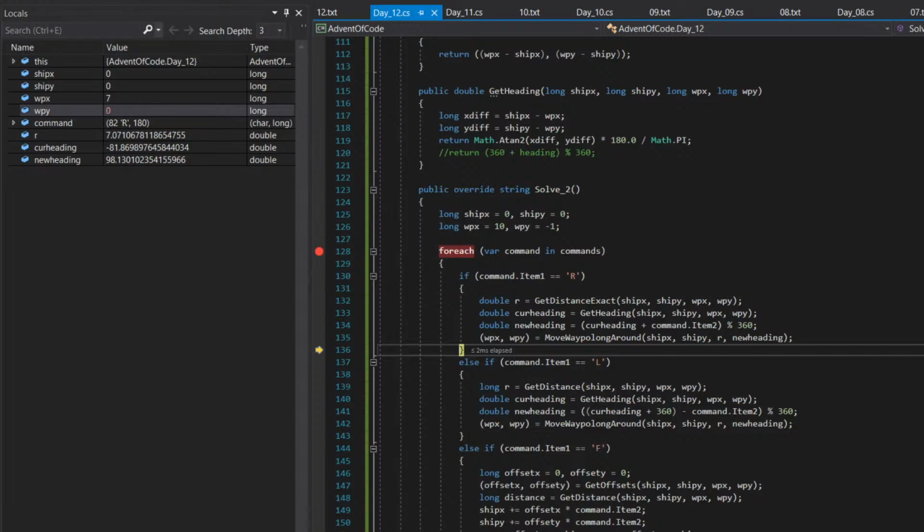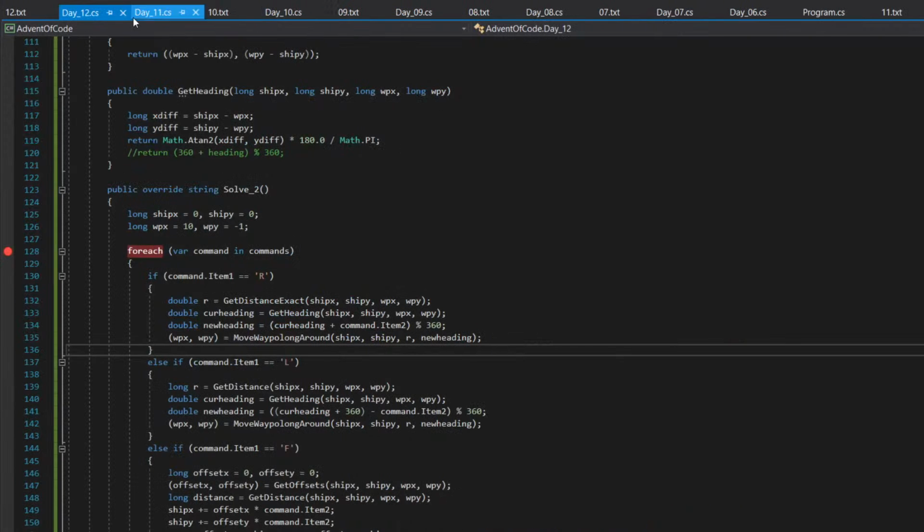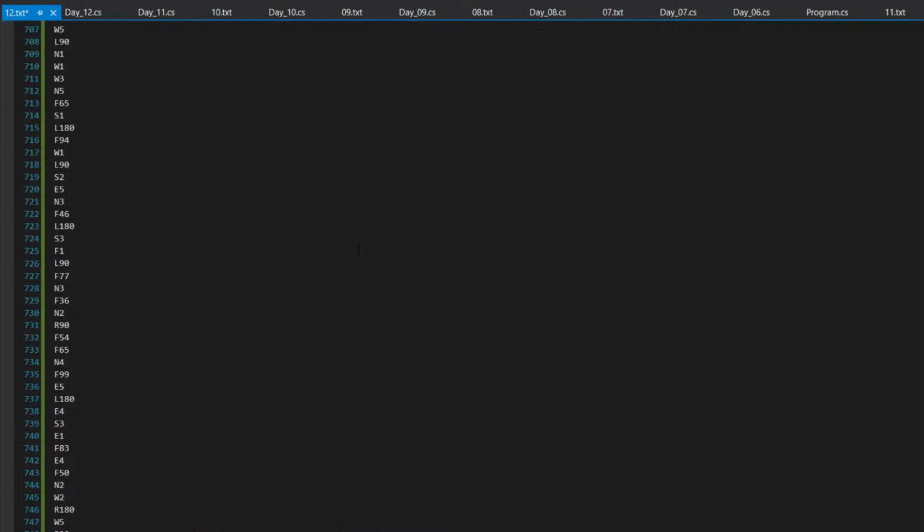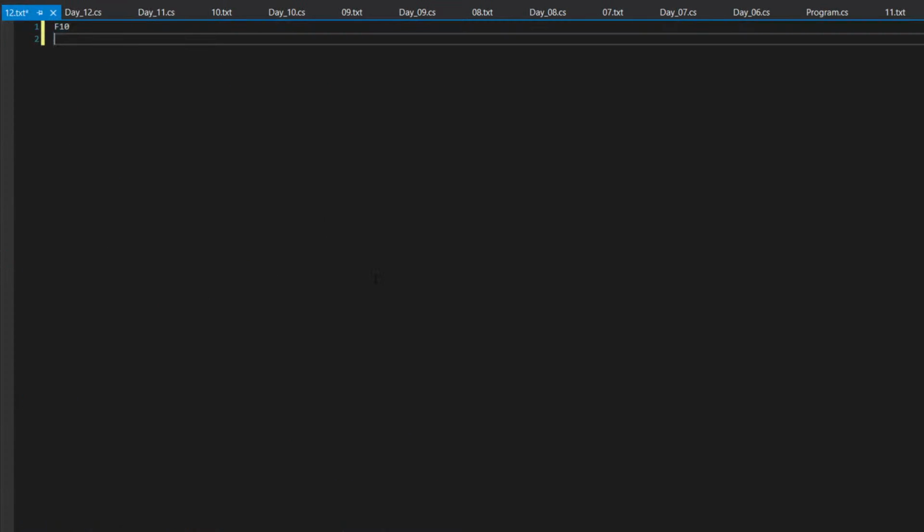So the current heading is -81, which is 7 and -1. The current heading should have been like 0. How? Why?